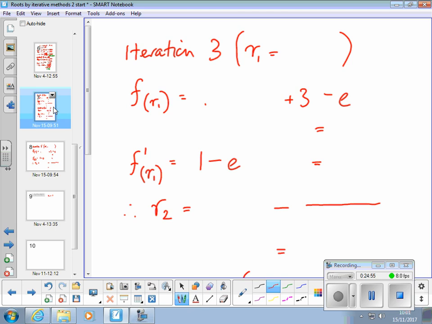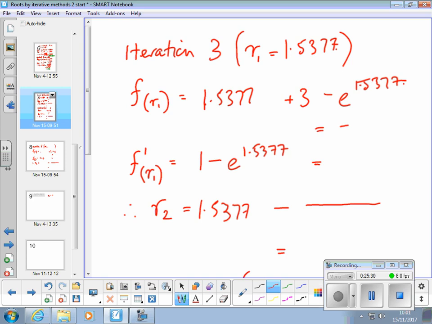This has got to be 1.577. Put in there. R minus 6.2 and differential minus.